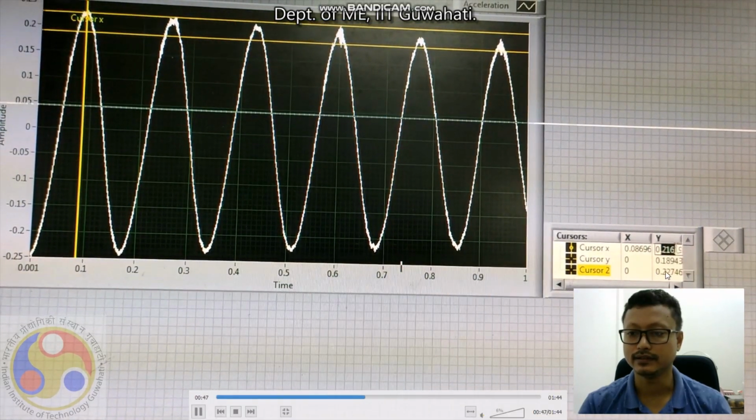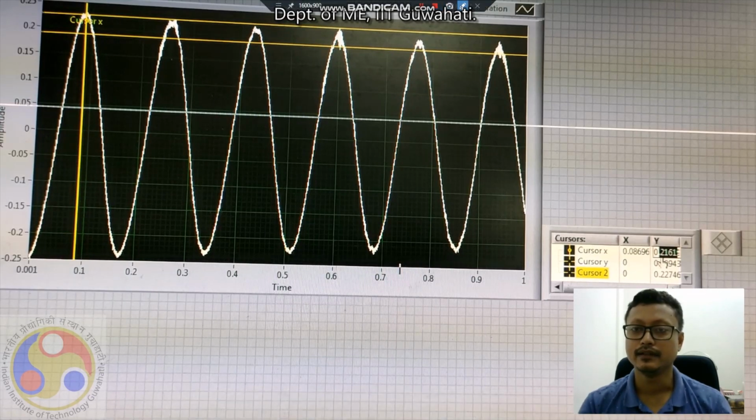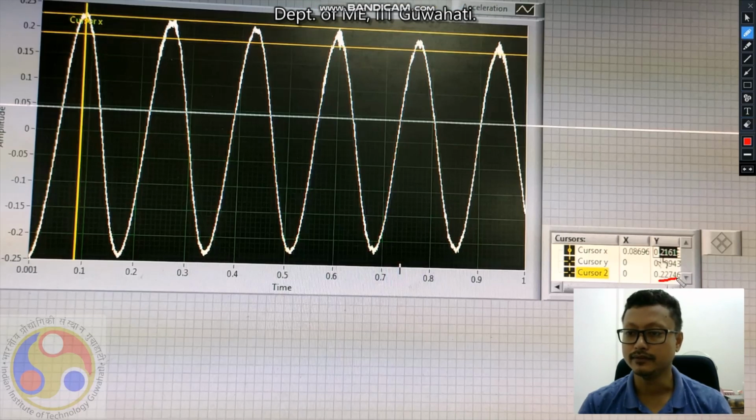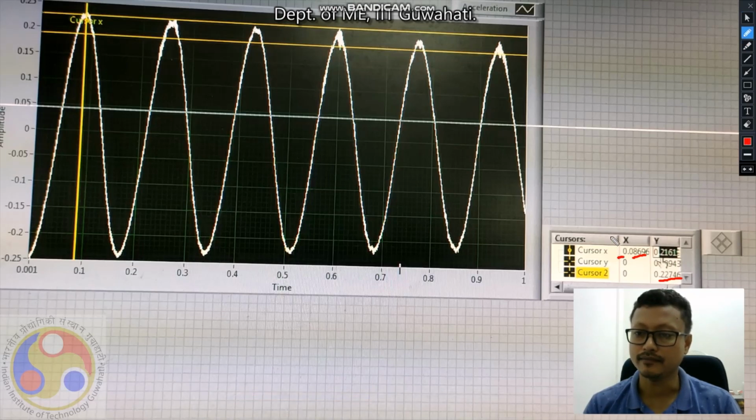Let me show you this value. This value is your time, say t1, t2, t3, whatever you get here, and this is your x value, x1, x2, x3.